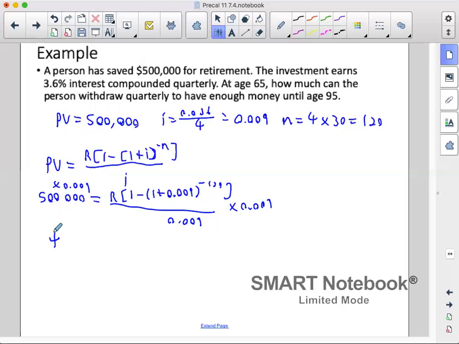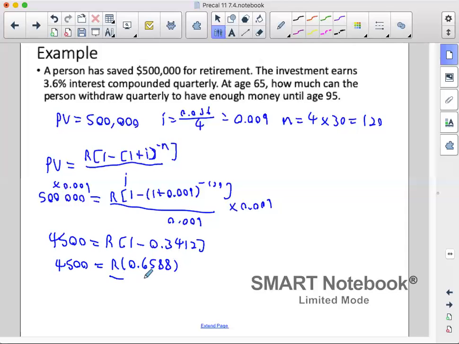So that gives us 4,500 equals R times 1 minus, calculate what this is, 1.009 to the power of negative 120. That's 0.3412. That gives us 4,500 is equal to R times 0.6588.